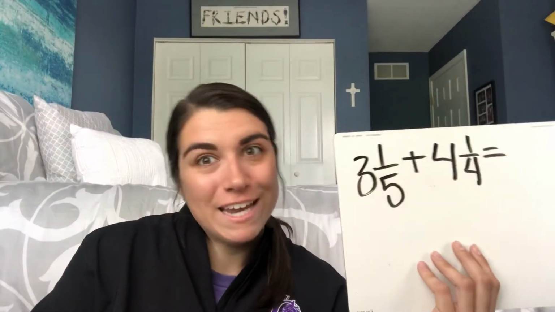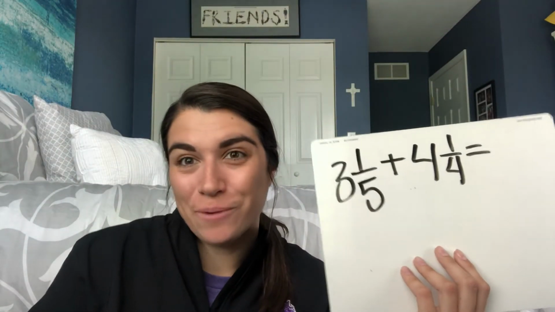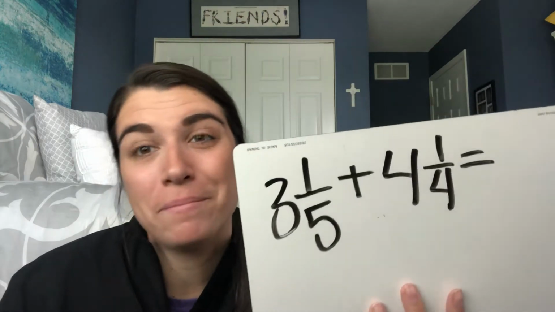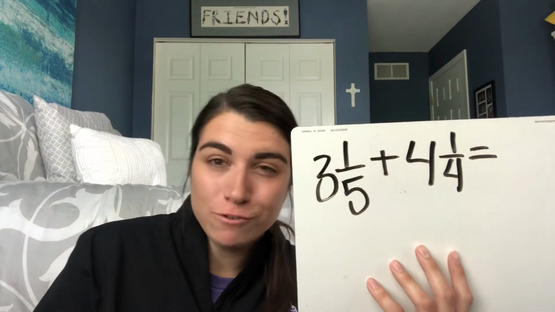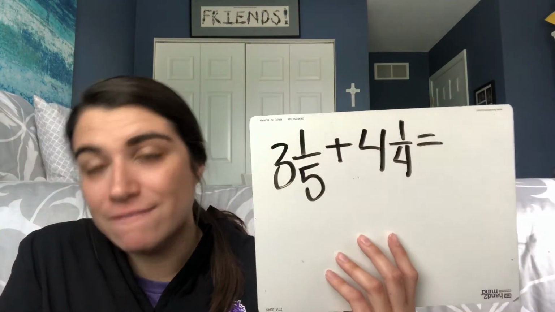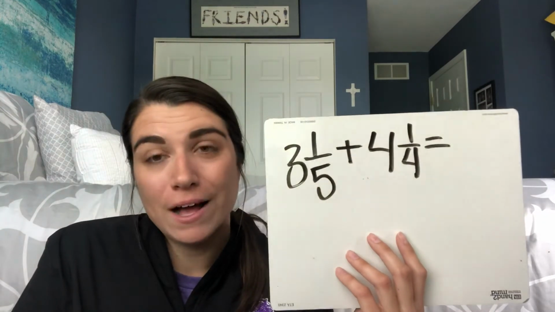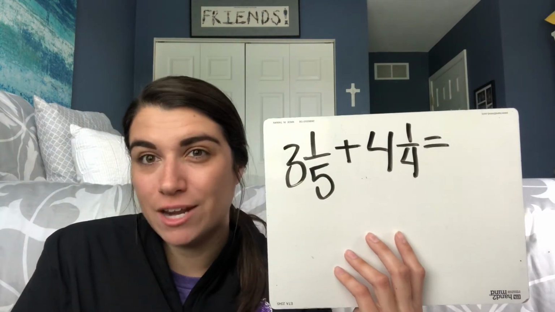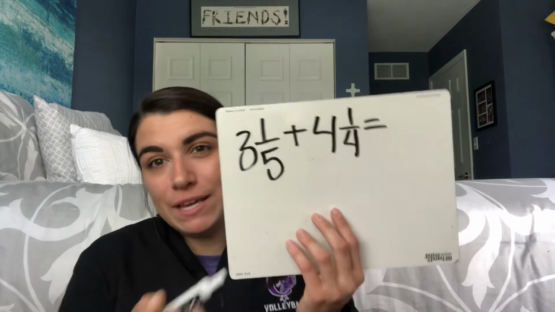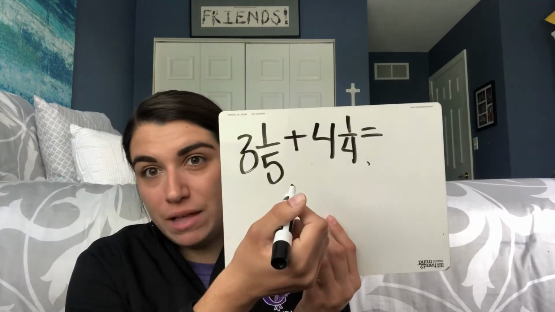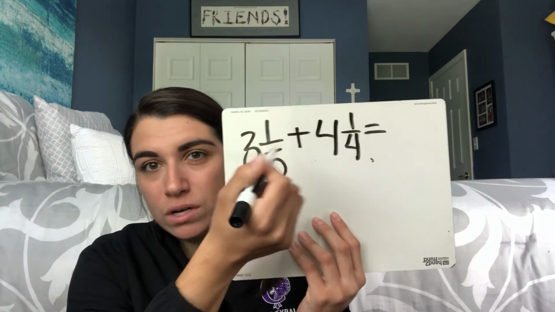All right, I went ahead and made a difficult one for the last one. So what you have to do is you have to change both of them because nothing times 5 is going to give you 4 and nothing times 4 is going to give you 5. So you're going to have to multiply them both by something to get the same denominator. So the easiest way to do that is by using the opposite denominator and multiply. So I'm going to multiply this one by 4s and this one by 5s.